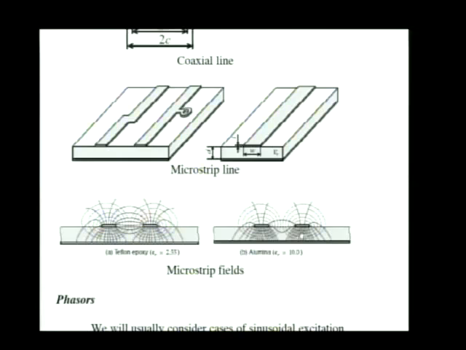The fact that the fields are not TEM fields means that analysis of the microstrip line is quite a bit more complicated than analysis of the twin wire line or the coaxial transmission line. Very much more involved.